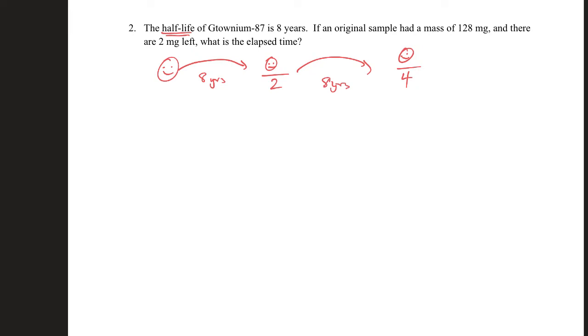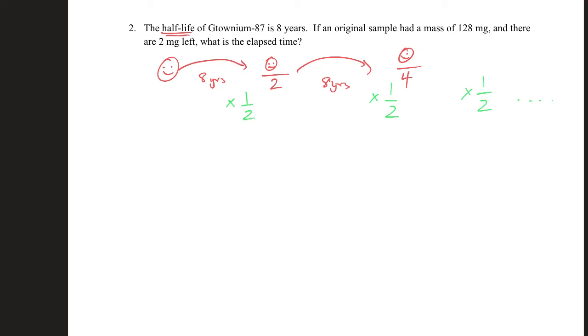So maybe you can see that by dividing by 2, dividing by 2, dividing by 2, well, repeatedly dividing by the same number is the same as multiplying. Dividing by 2 over and over again is the same as multiplying by 1/2. Multiplying by another half, multiplying by another half, and so on and so on.